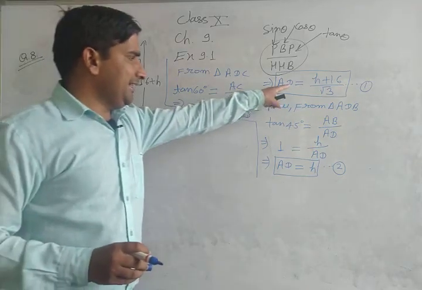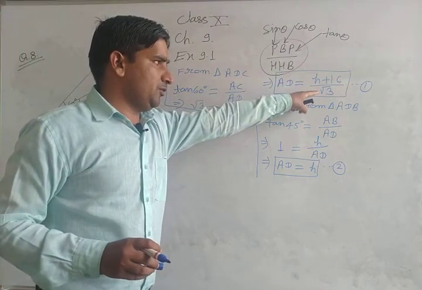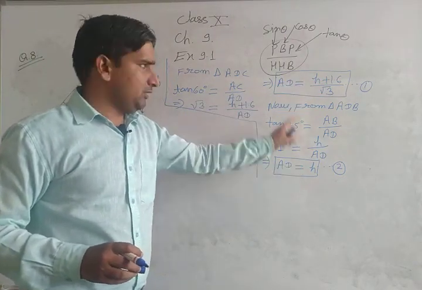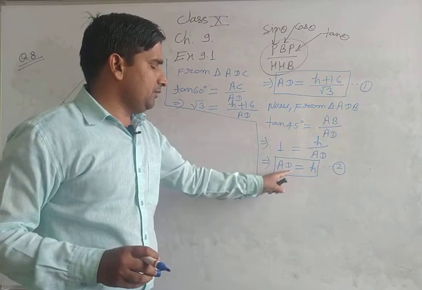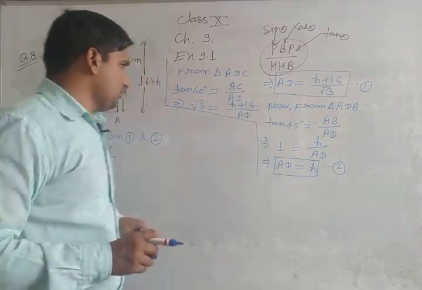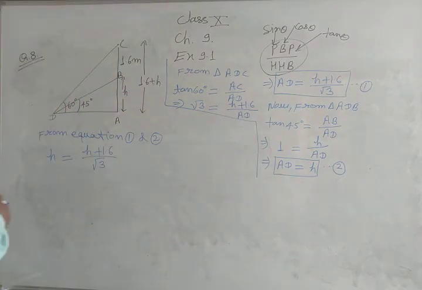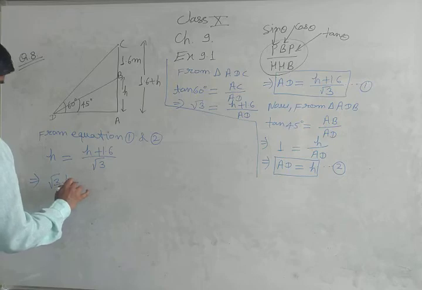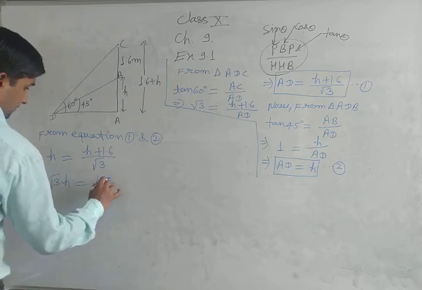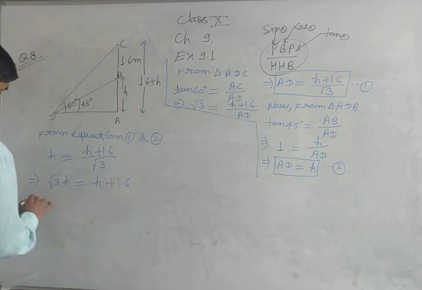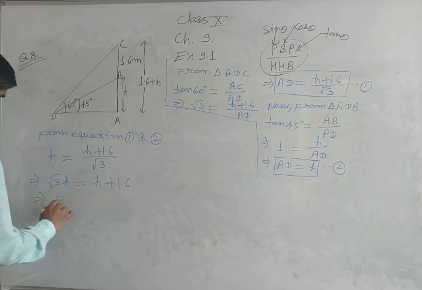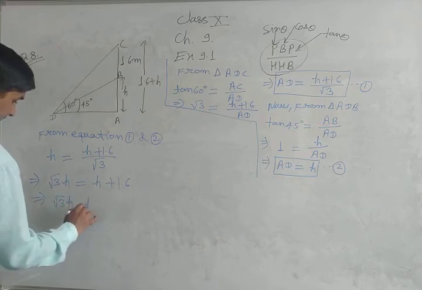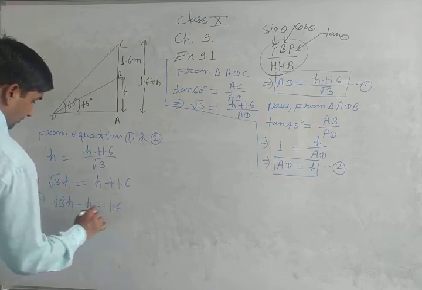From here the value of AD is h plus 1.6 upon √3 and AD equals h, this is also the value of AD. Therefore h equals h plus 1.6 upon √3, implies that √3h equals h plus 1.6, implies that √3h minus h equals 1.6.